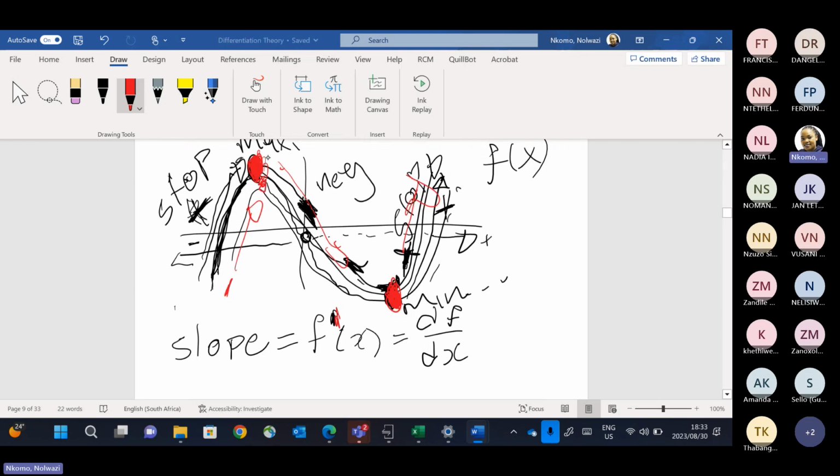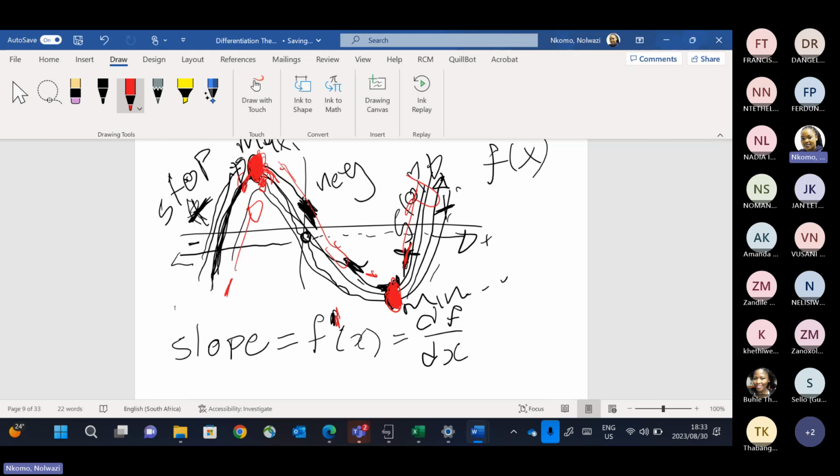And yeah, these are called the stationary points, or sometimes they are called the turning points, because you see the slope is turning from positive to negative, and it's turning from negative to positive. So these 2 points are called the turning points.